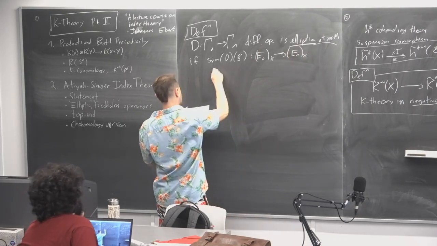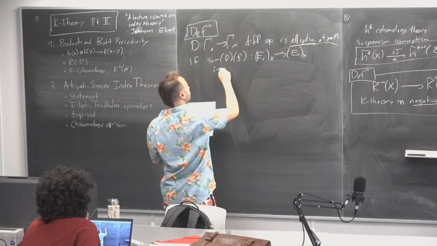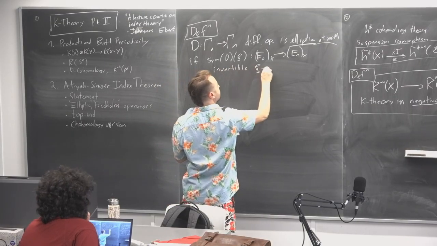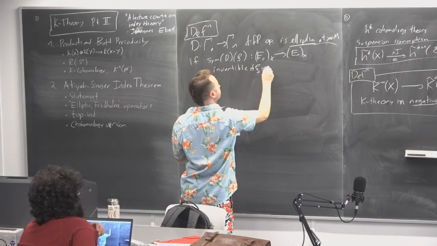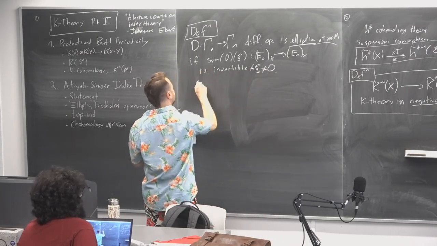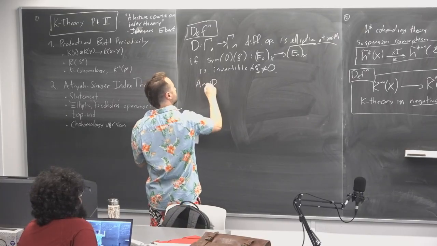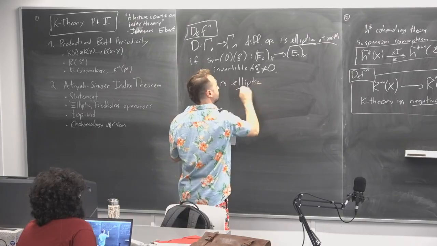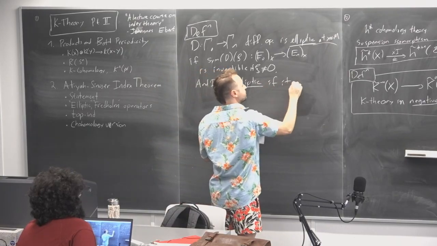This should be invertible whenever psi is not 0. And D is elliptic if it is elliptic at all x.